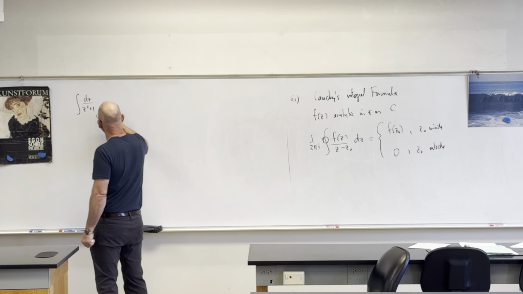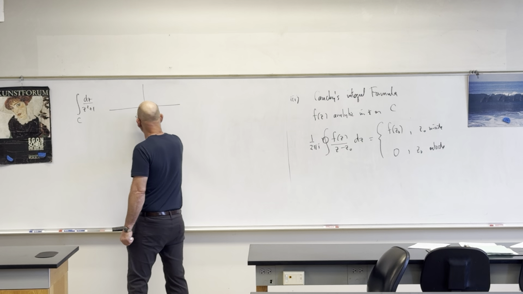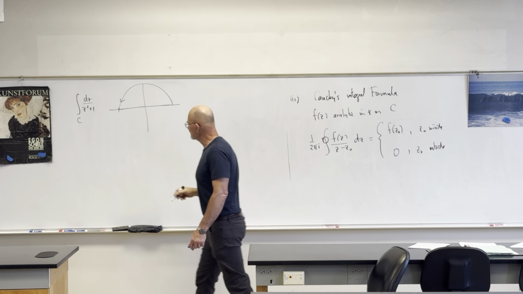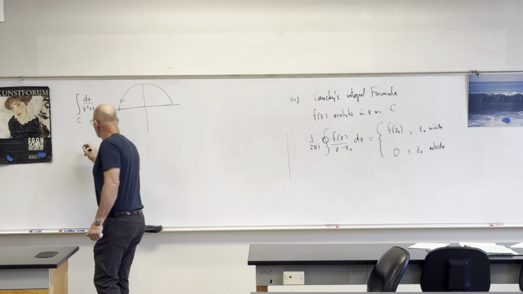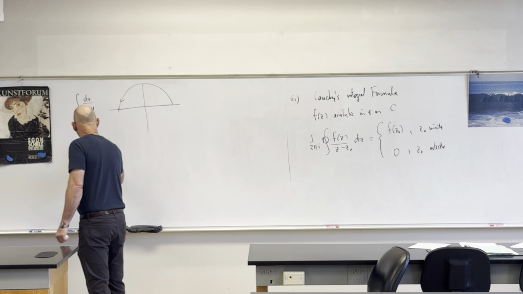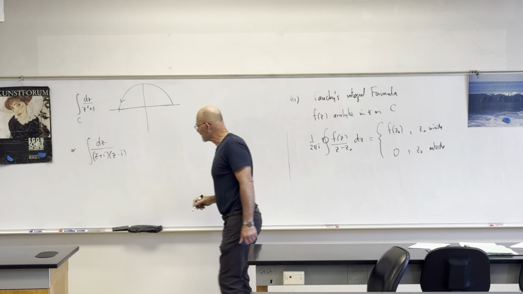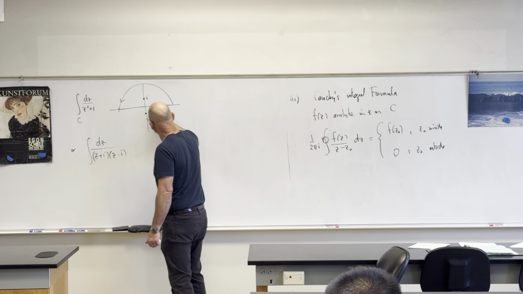And the path is along here. So we have the integral of dz over (z plus i)(z minus i). So that's that factorization. And we have the poles at i and minus i.